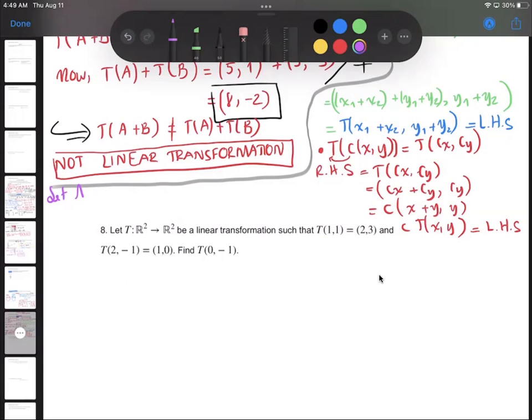So A times xy times xy inverse on the left gives the identity matrix, and A times I is still A. So A is xy inverse, then x plus y, y. And that's it. That'll be your standard matrix.